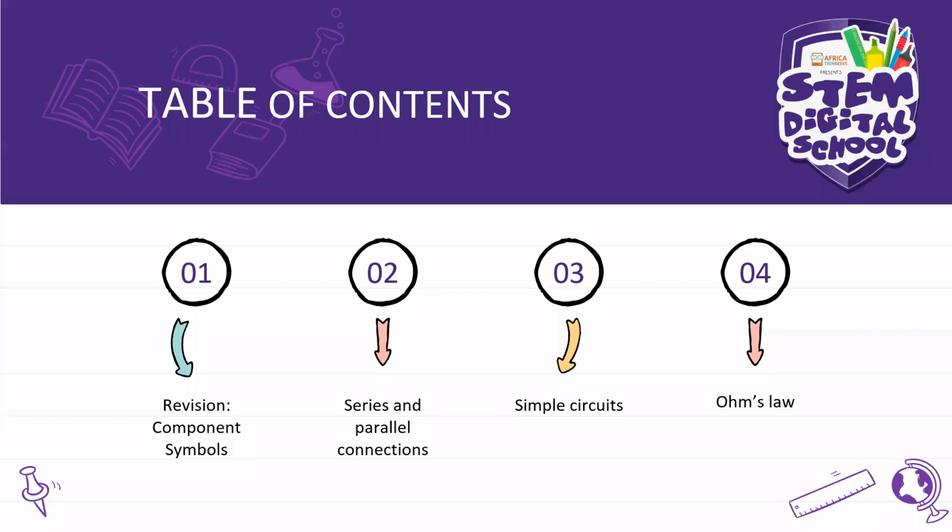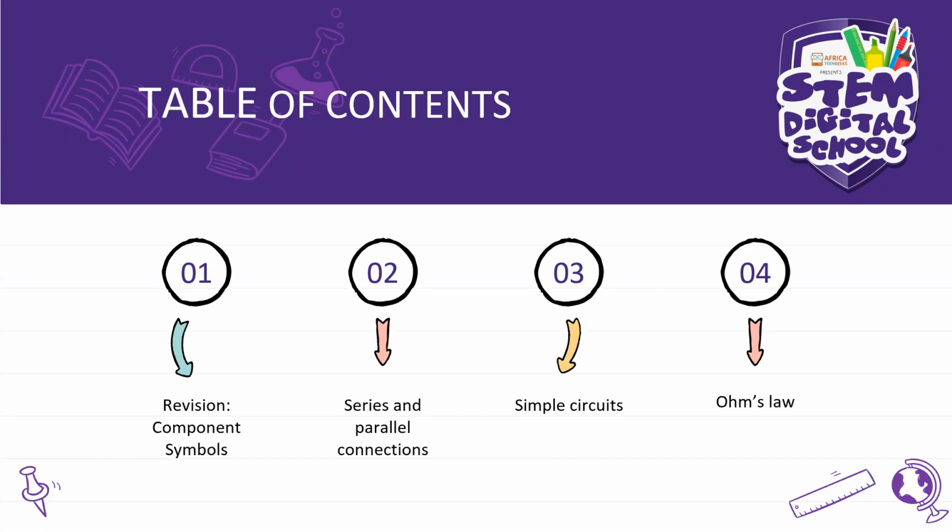In the circuit diagrams we'll be doing today, you'll be getting a revision of the component symbols that we will be using. You will just identify them in the circuit diagrams.